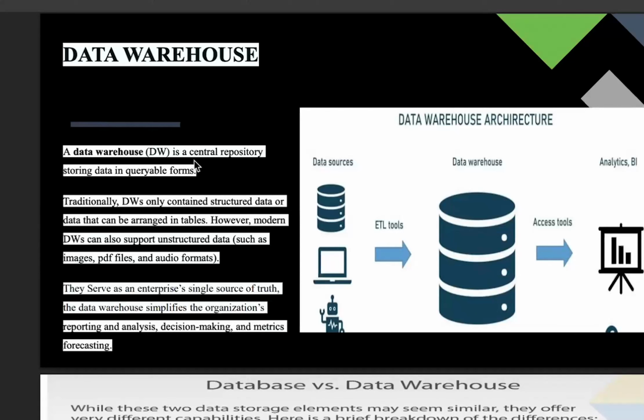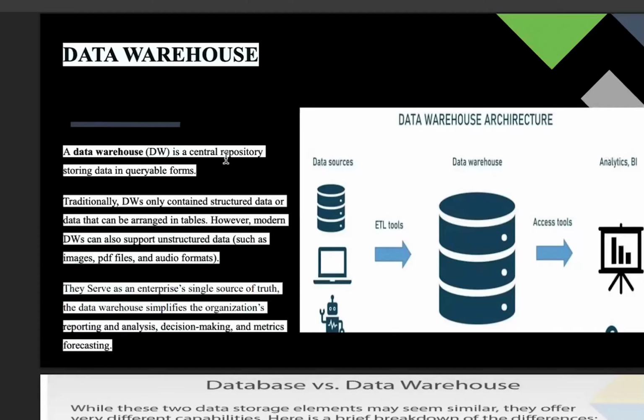The data are cleaned. They've gone through transformation and are ready for querying. Those are the data stored in data warehouses. You can see ETL tools. So after ETL, the data is loaded into the warehouse.